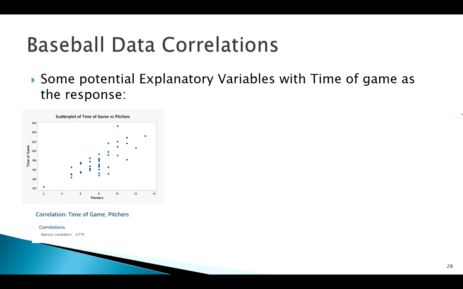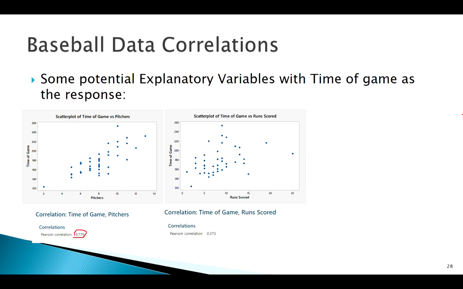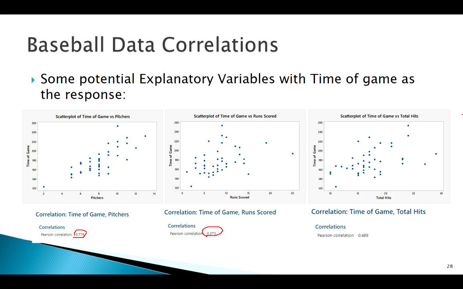We said it was pretty strong, pretty linear. All right, turns out our correlation coefficient, that's pretty high. That's 0.8. All right, our correlation coefficient with runs in time of game, still positive, but not great, 0.37. All right, hits in time of game, almost 0.5.